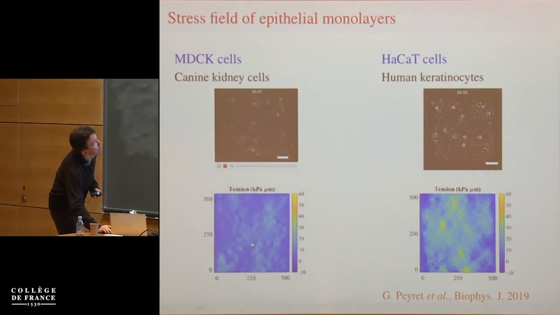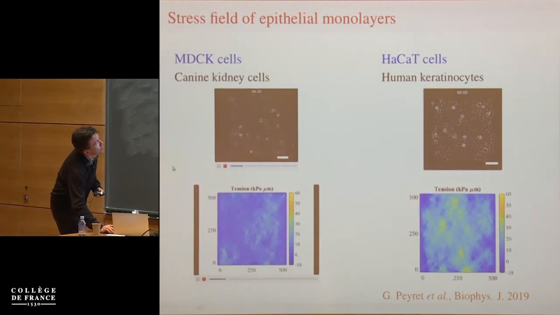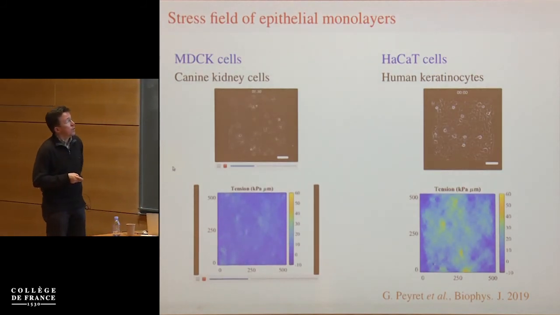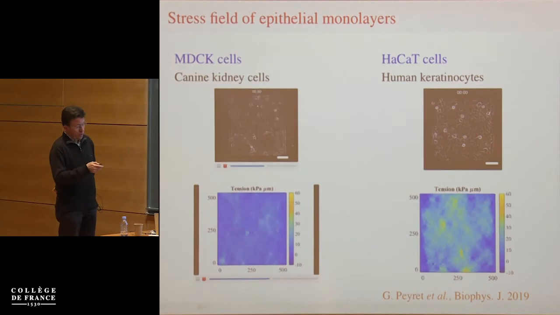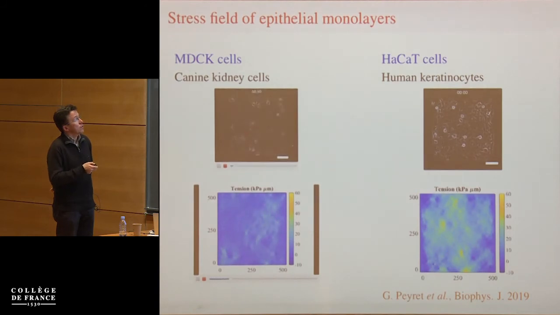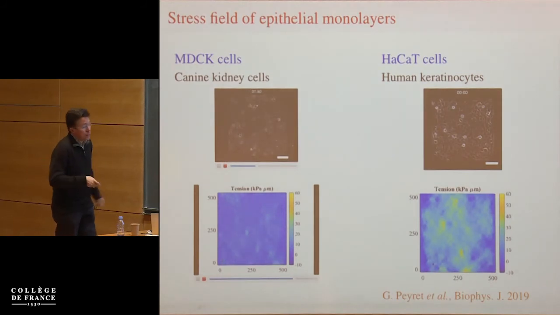And this is the movie of tensions that we typically obtain from Bayesian inference using the traction force data from this experiment. With some heterogeneity, it is perhaps important to notice that, like in all systems that I've been mentioning so far, the tension is positive and the pressure is negative.